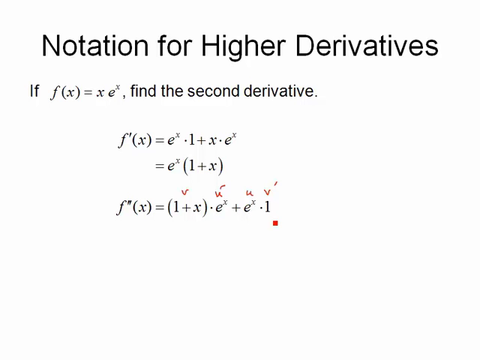Just like in the previous step, I'll notice that there's an e to the x in both of these terms, and I'm going to factor it out in front. What that will leave me with is 1 plus x plus 1, which combines together to give me x plus 2. So the second derivative here is e to the x times the quantity x plus 2.